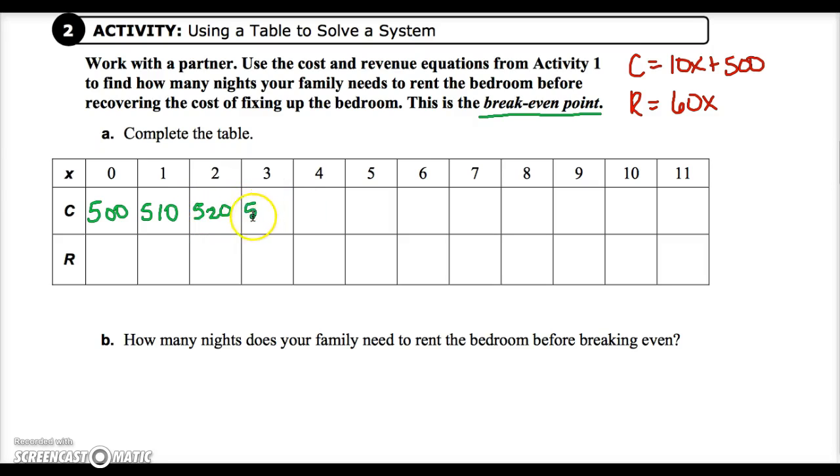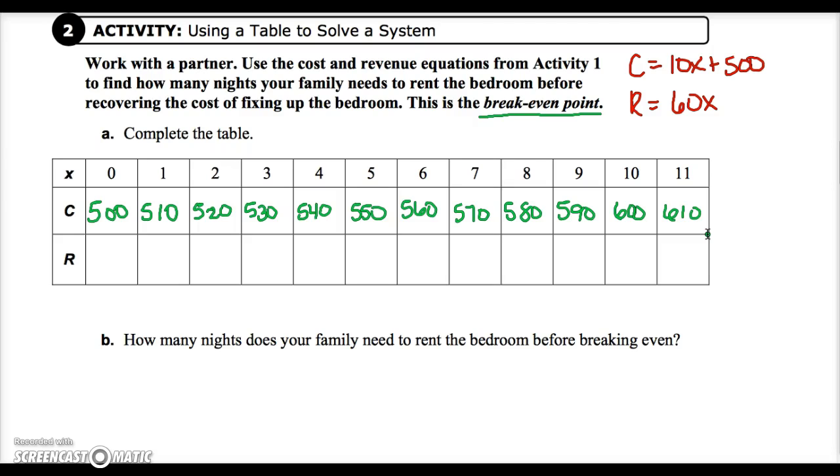So you should see a pattern going on here. It's just going up by tens each time. So I'm going to go ahead and fill in this entire row. And it should get you all the way to 610.